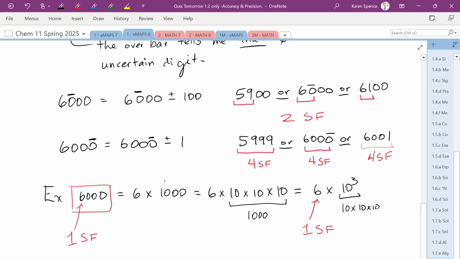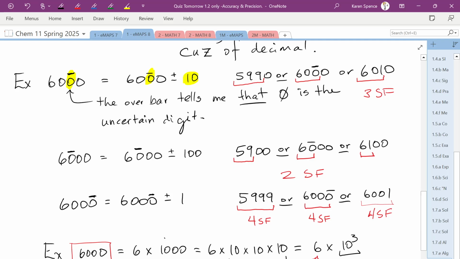Okay. Now, if we go back to these other ones here, this guy here, this would be 6.00 times 10 to the 3 because we have 3 sig figs.